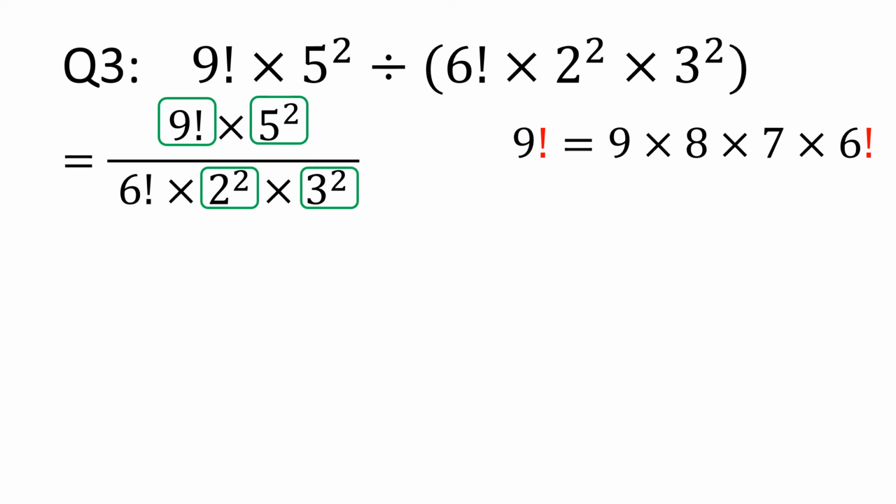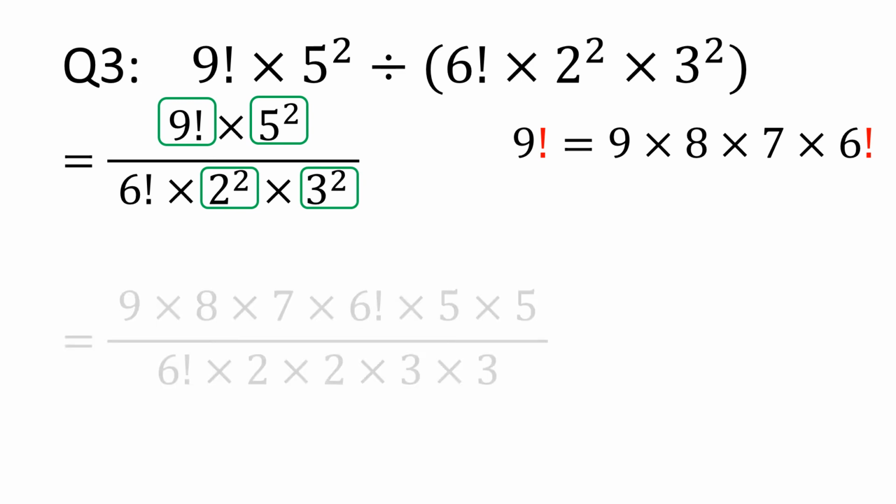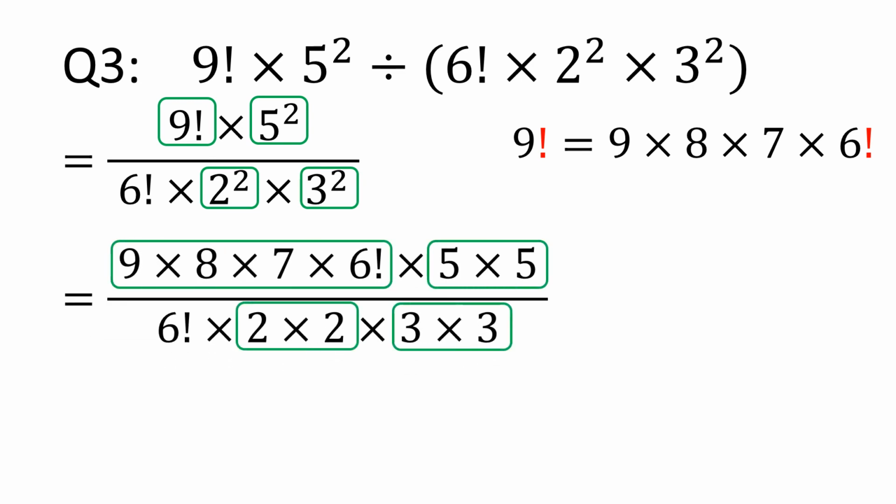So 9 factorial times 5 squared divided by 6 factorial times 2 squared times 3 squared is equal to 9 times 8 times 7 times 6 factorial times 5 times 5 over 6 factorial times 2 times 2 times 3 times 3.